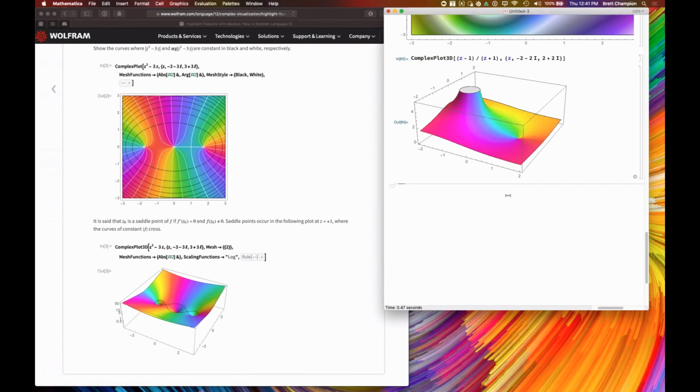And so then we see the 0 really points down, and the pole really points up. So using a complex plot 3D with scaling function going to log can sometimes really accentuate those zeros, while at the same time taming the poles a little bit. That works really well a lot of times, and I like to use that.